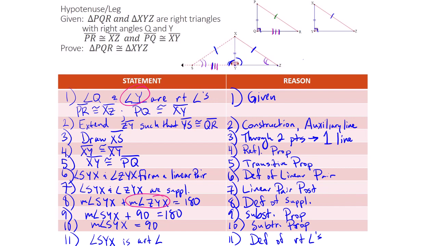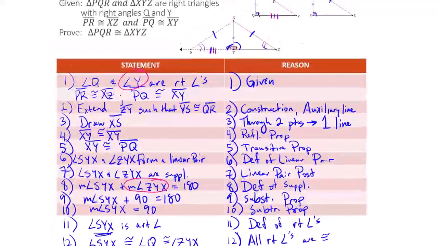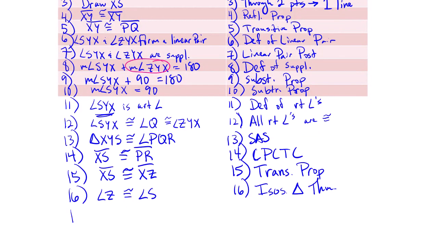All right, so now I can say that triangle XYZ is congruent to triangle XYS by angle, side.